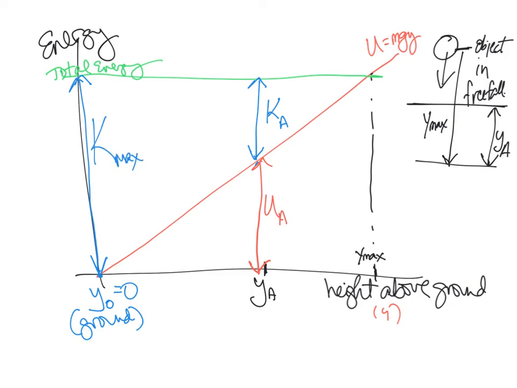Because the total energy has to be the kinetic plus the potential, and if this is 0 potential, then you've got max kinetic energy. The other thing to notice is that this part of the graph is not physically allowable. The potential energy can never be more than the total energy.